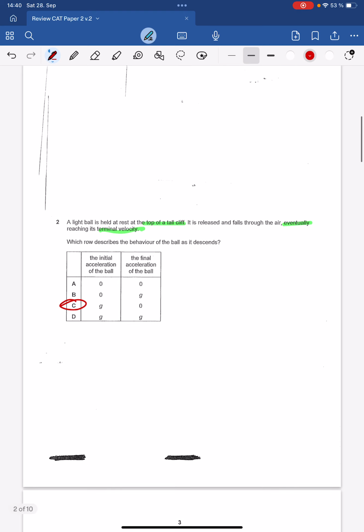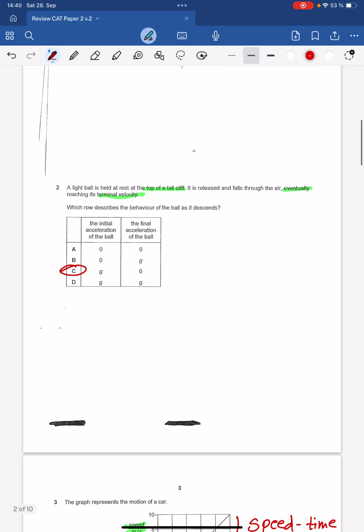First one: a light ball is held at rest at the top of a cliff. You will see how I have highlighted some keywords in the questions. That's a strategy that I encourage all of you to do. It is released and falls through the air, eventually reaching its terminal velocity. We should all understand from theory what terminal velocity means.